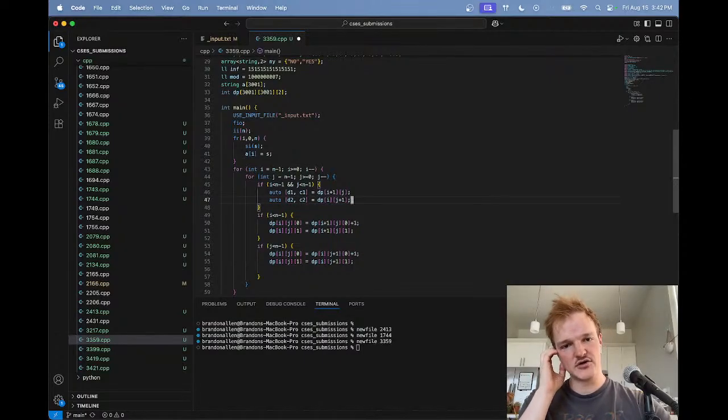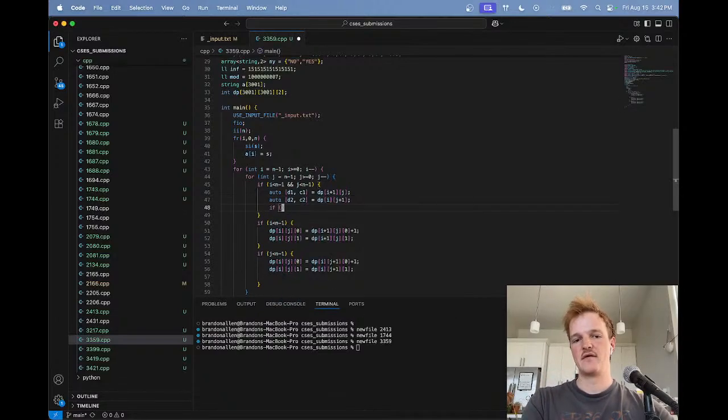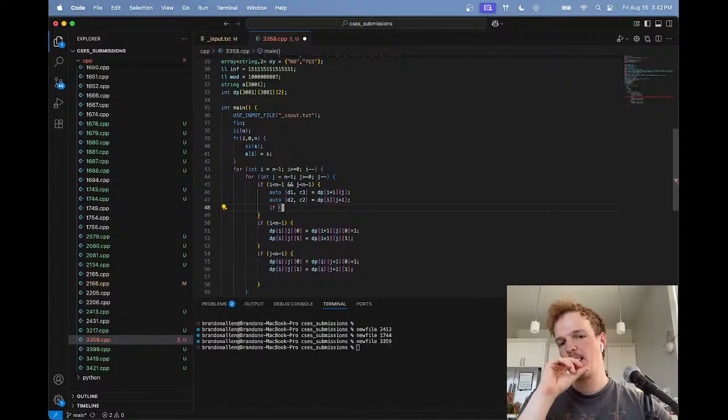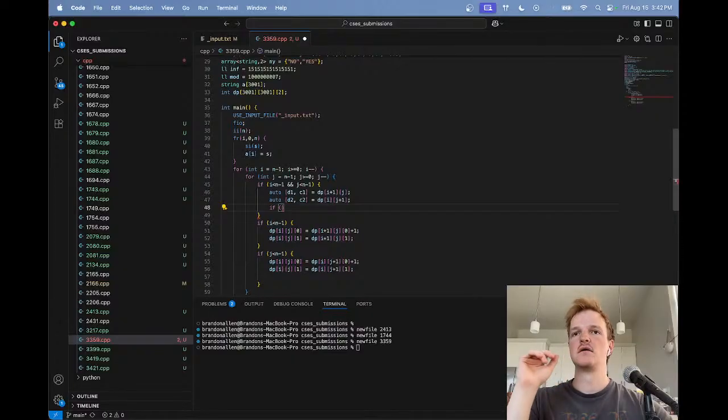And then distance 2, character 2 is dp at i at j plus 1. If the first character where they're different... I don't think that's good enough though, because it could be a bunch of A's and then they both transition at 10 A's away into a B, and then they're both the same bunch of B's.